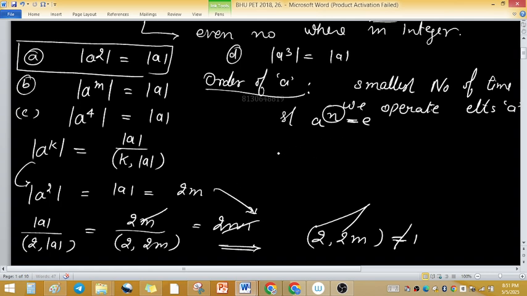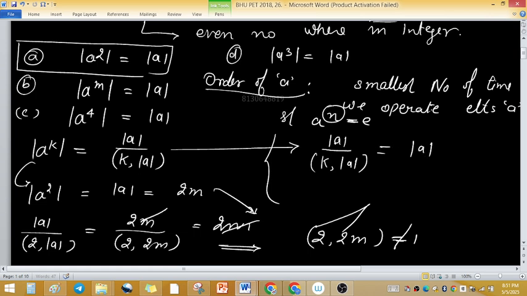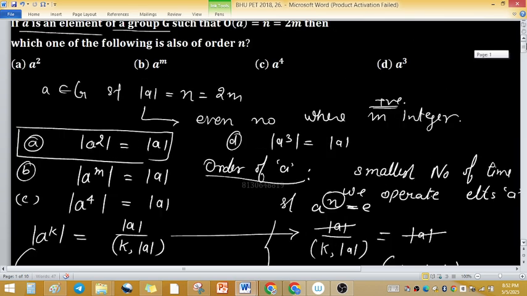Also, in general, from this we can write that the order of A divided by the GCD of k with the order of A equals the order of A. We need this, so the order of A cancels out, and the GCD of k with the order of A equals 1.